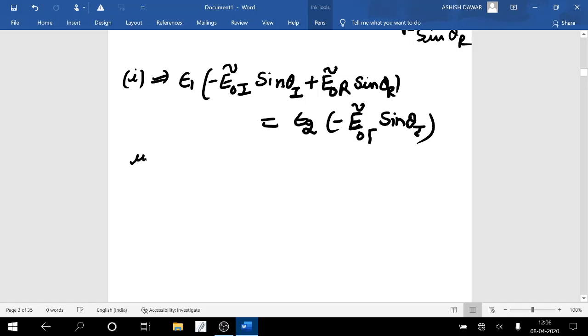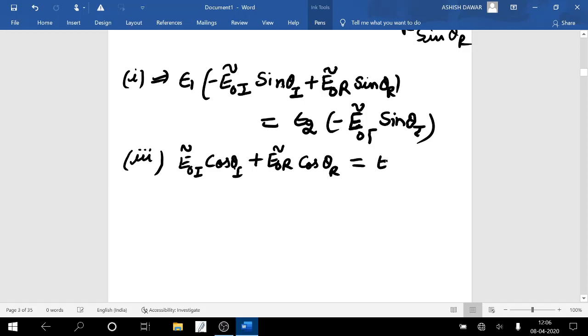Now the third boundary condition implies E0i cos theta I plus E0r cos theta R equals E0t cos theta t.